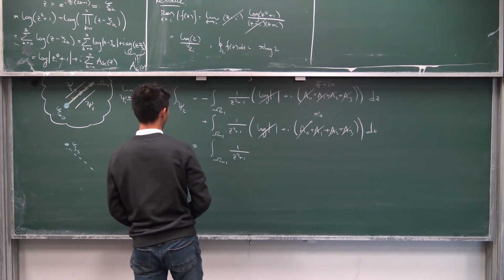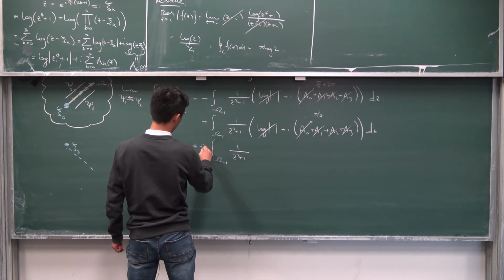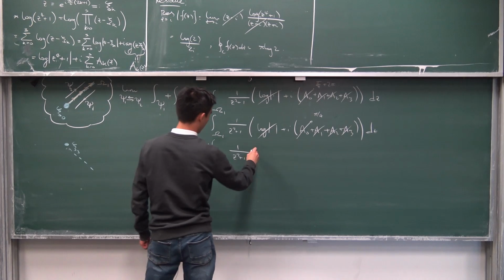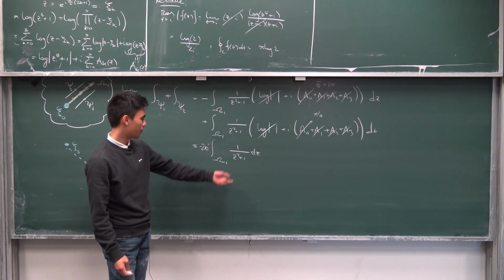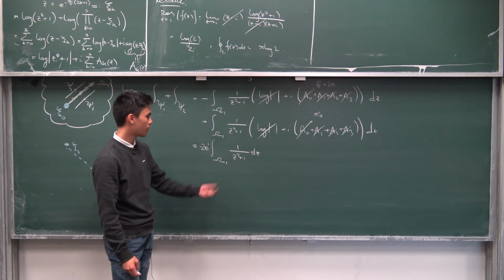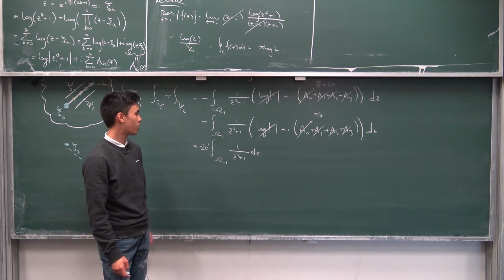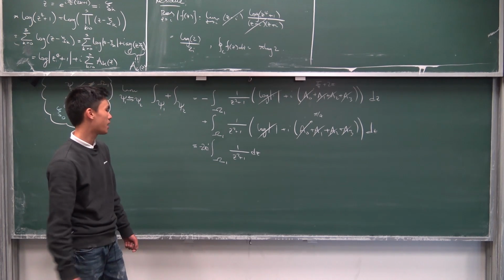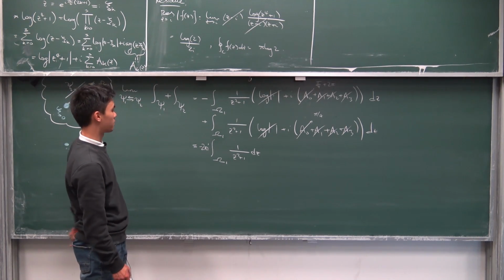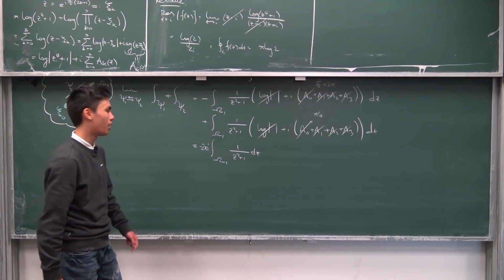That's just a constant, so we can bring it out. So we have a negative 2 pi i at the front, and then we integrate with respect to z. And we're basically left with the integral of 1 over z squared plus 1. That's just going to become an arctangent later on, but there's quite a lot more to go from there. It's not as simple as it seems, actually. So this is the integral over omega 1.